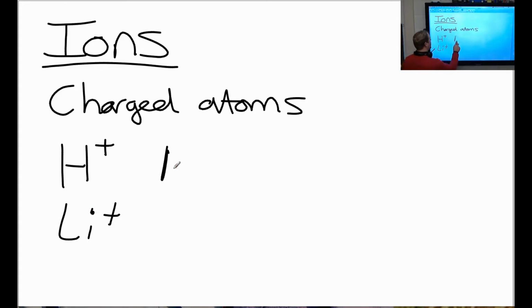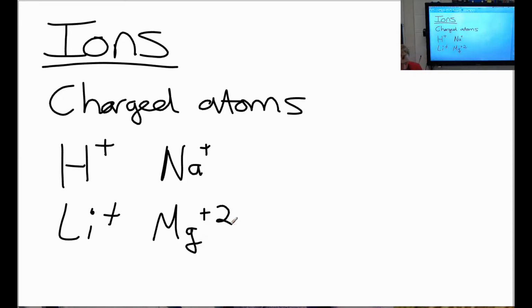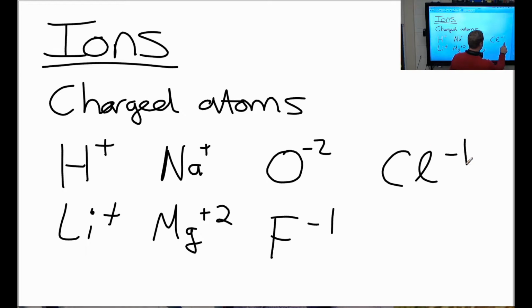But lithium, sodium is a plus. Magnesium is a plus 2. Oxygen is a minus 2. Fluorine is a minus 1. Chlorine is a minus 1. These are charged atoms. They have a charge.